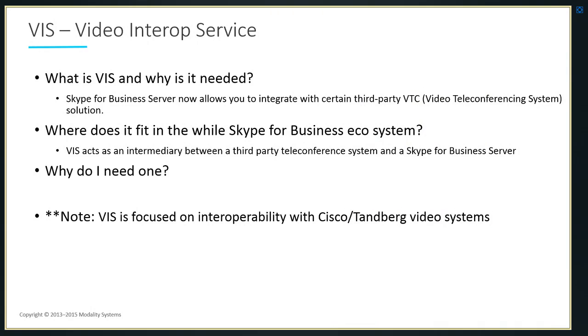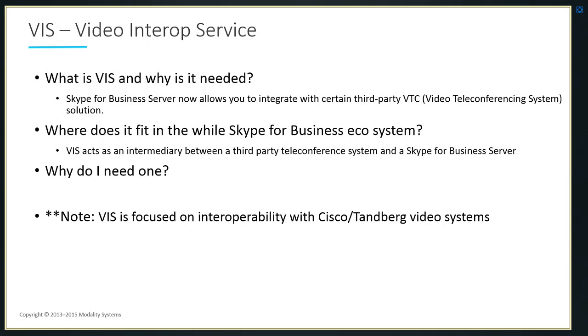Video interop allows you to integrate your third-party video conferencing systems, so, for example, your Cisco telepresence teleconferencing endpoints, or Tandberg endpoints, natively into the Skype for Business server estate, therefore not needing the requirement for a Cisco AV conferencing bridge. It's all done utilising the actual Skype for Business server.